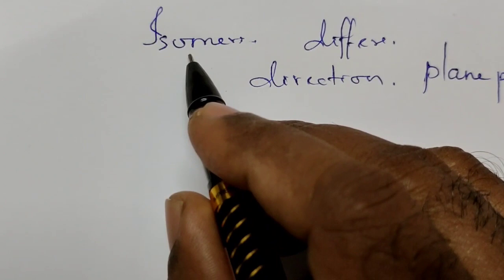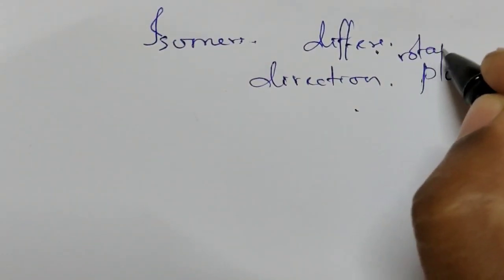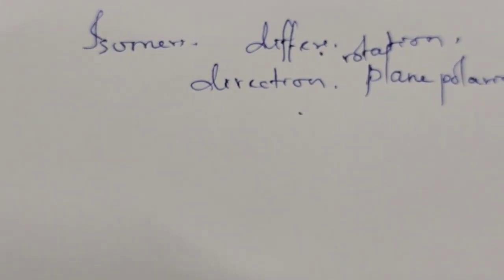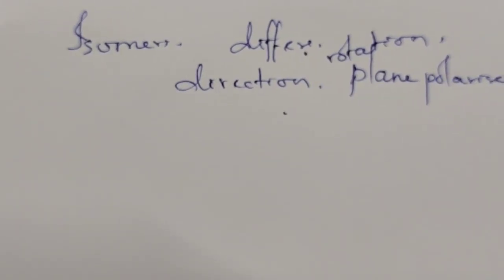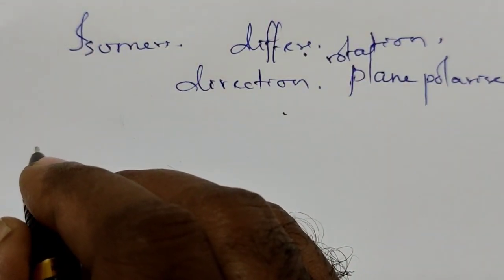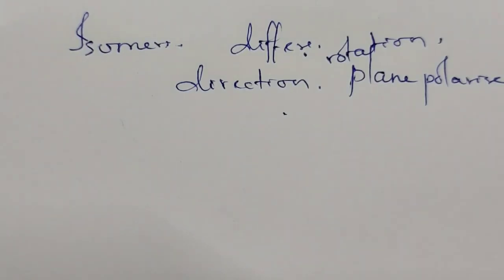Isomers which differ in the direction of rotation of plane polarized light are known as optical isomers. One isomer rotates the plane polarized light in the clockwise direction, or right hand side. The other isomer rotates it in the anti-clockwise direction.